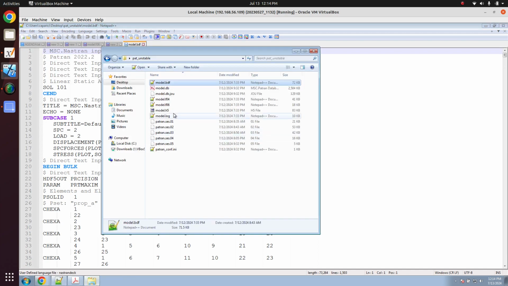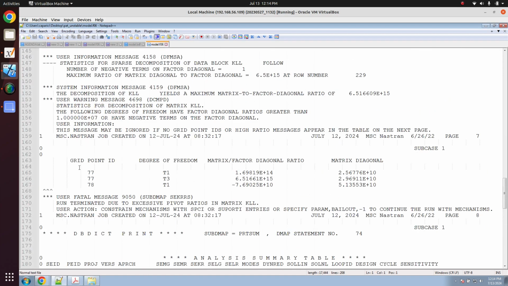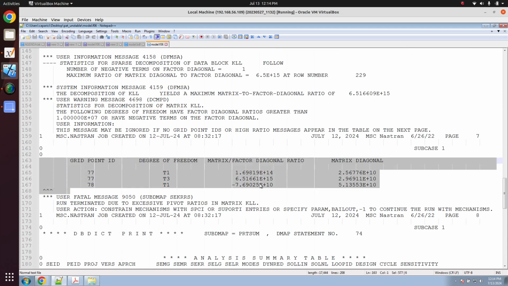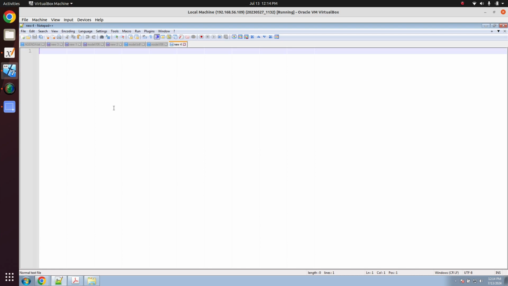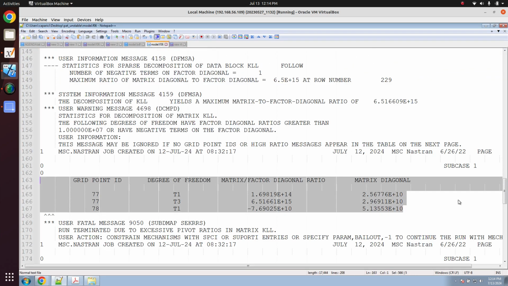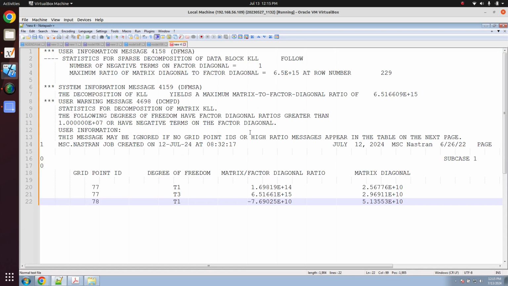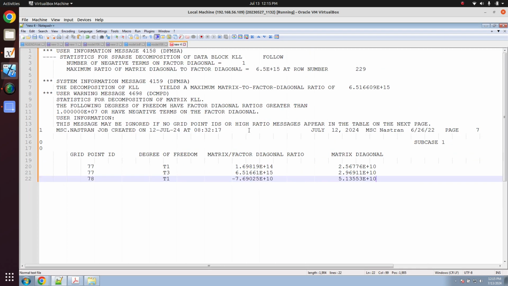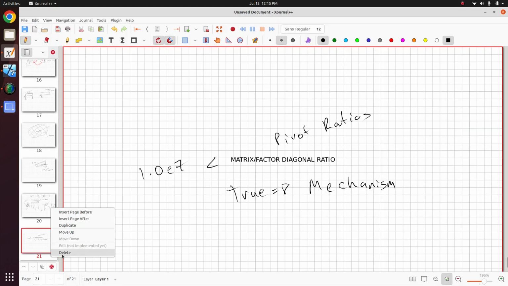Let me take this example. We have this table. Let me copy all of this to this file.